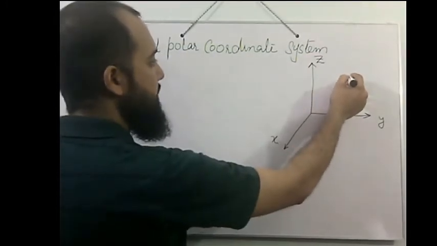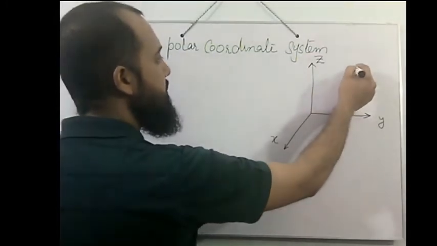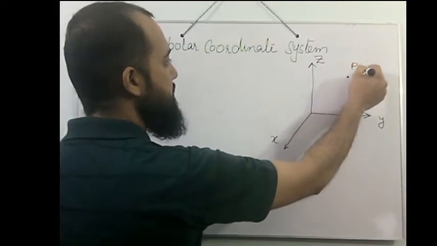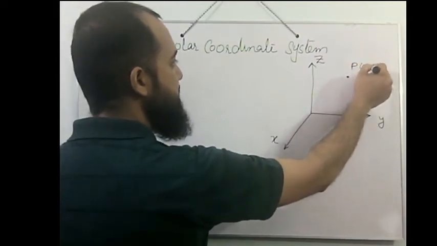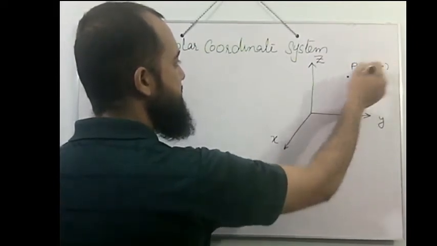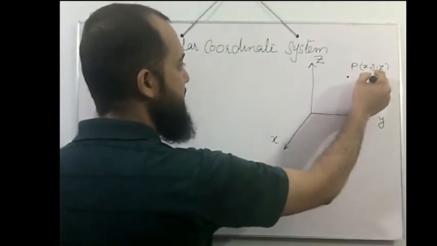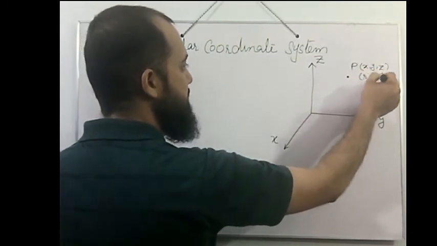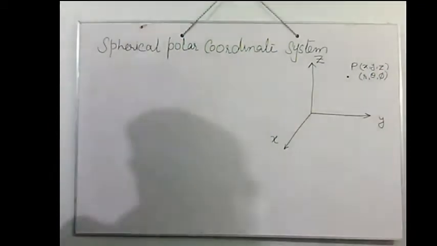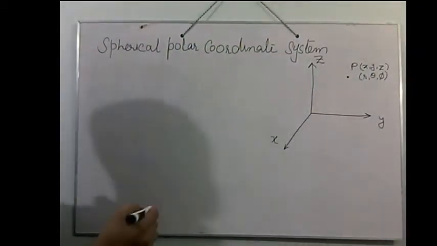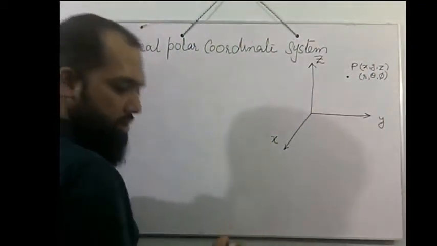We have a point here which has coordinates x, y, z in the rectangular coordinate system and r, theta, phi in the spherical coordinate system.